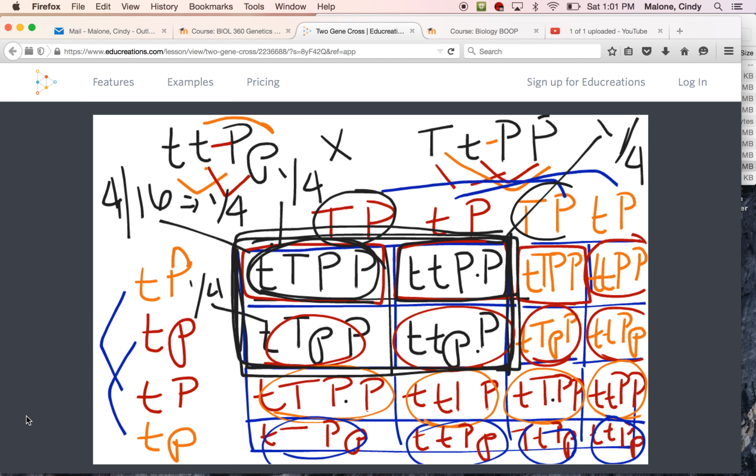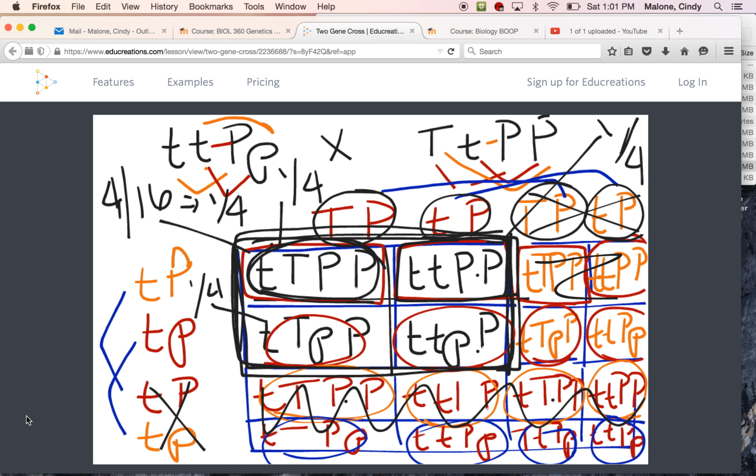Like this one and this one are the same, and this one and this one are the same. That means you don't even need to do those. This whole part of the square is a gigantic waste of your time, because by probability, 4/16 is the exact same thing as 1/4. So you only need to represent the gametes one time if they're duplicated.